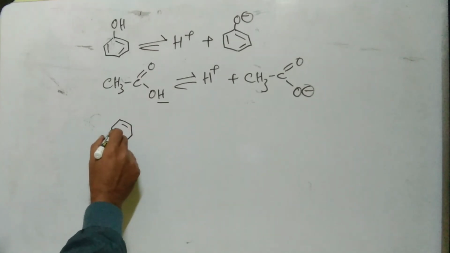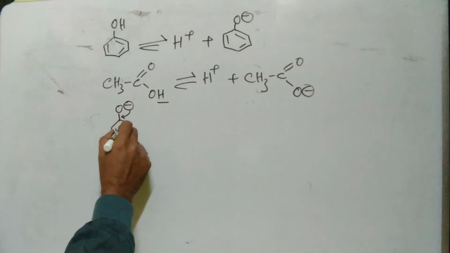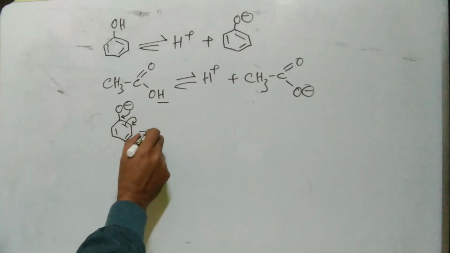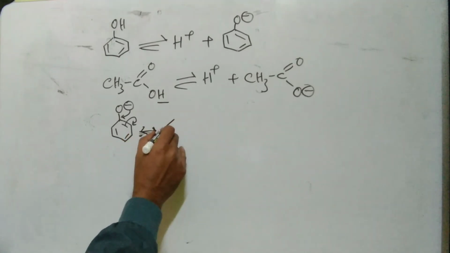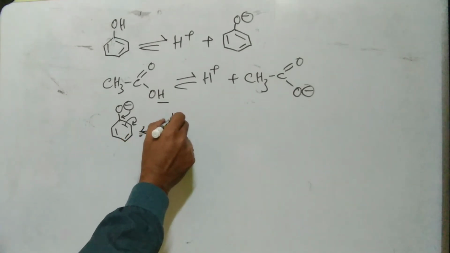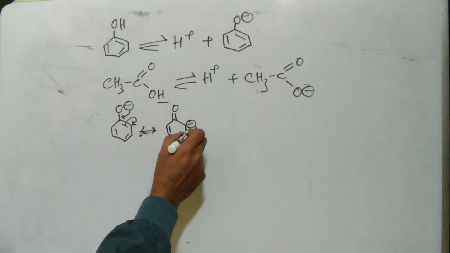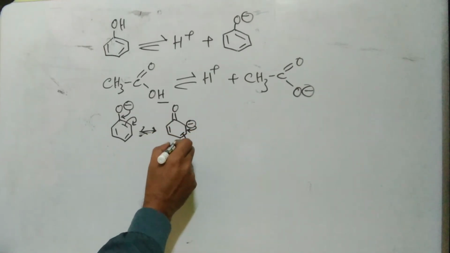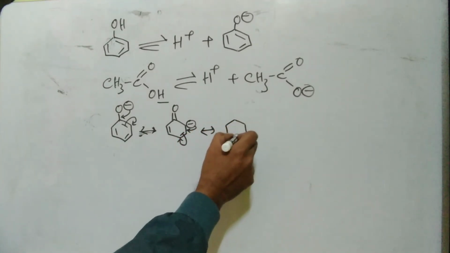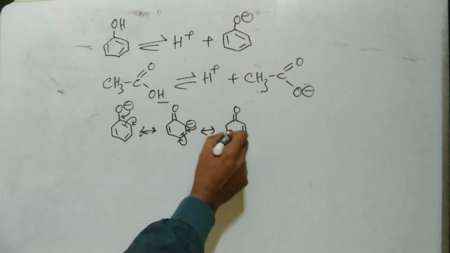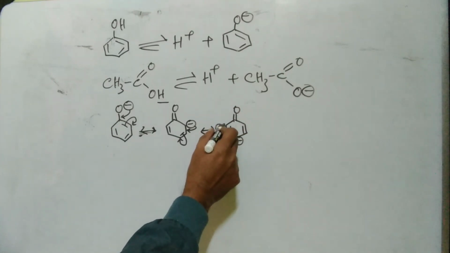Now first we consider phenoxide ion. So here O minus, the pi double bond makes a negative charge, and so the resonating structures we get are: here a double bond to oxygen, here a negative charge, then the negative charge makes a double bond and makes a negative charge again.